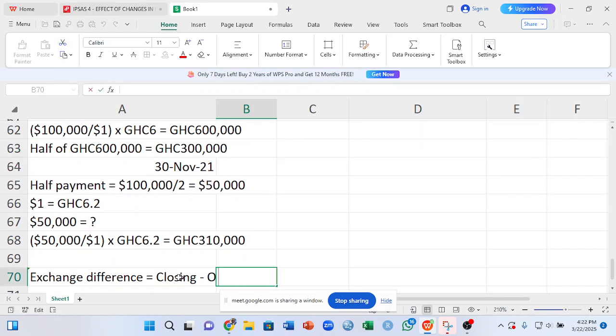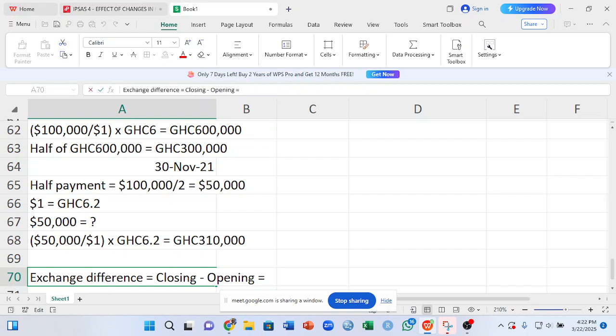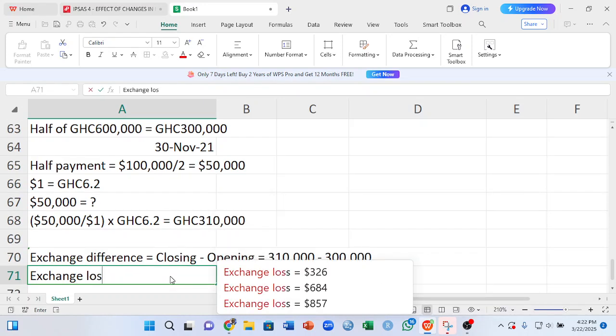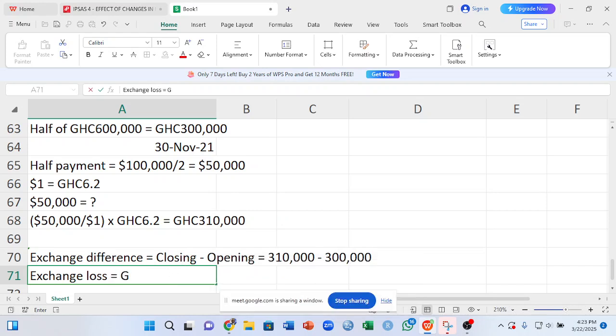So yeah, it will be the closing, which is the 310,000 minus 300,000. So the exchange loss will be 10,000.